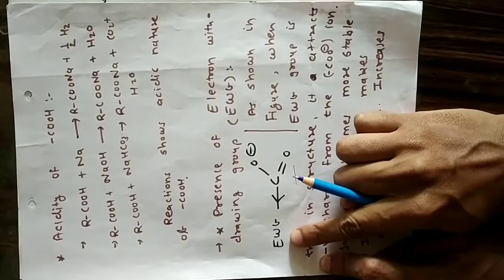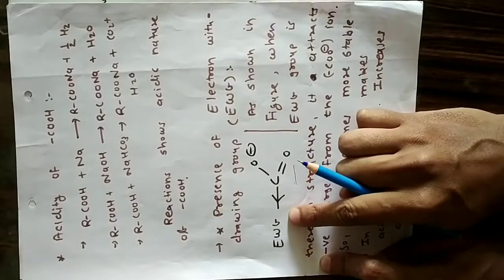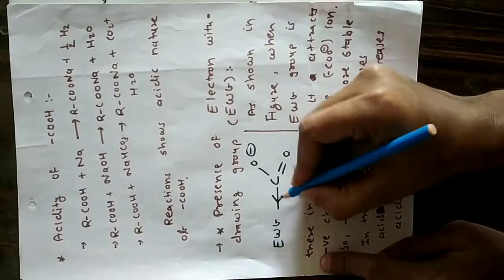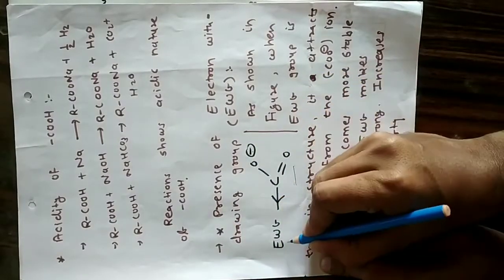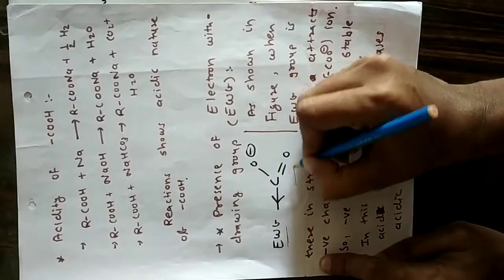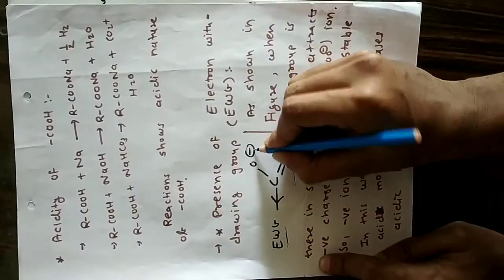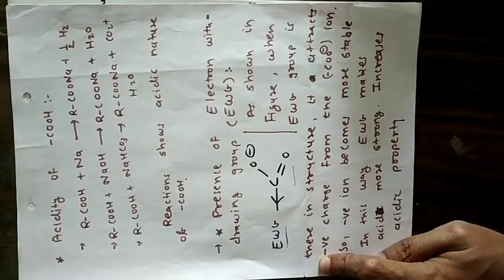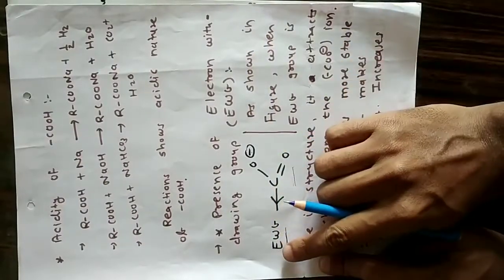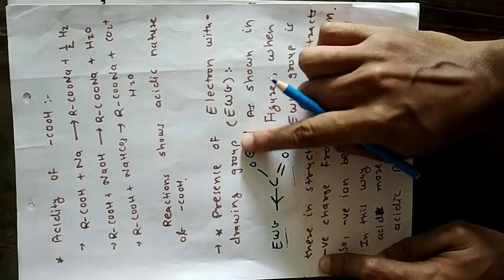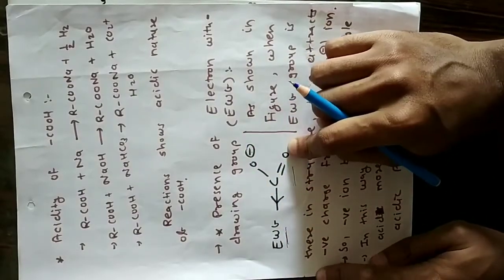Now electron withdrawing group is there. So what it does, when this negative ion is there, it withdraws some negative part from COO minus ion. So this minus ion becomes a little bit stable. Due to that stability, acidic property of this structure increases.